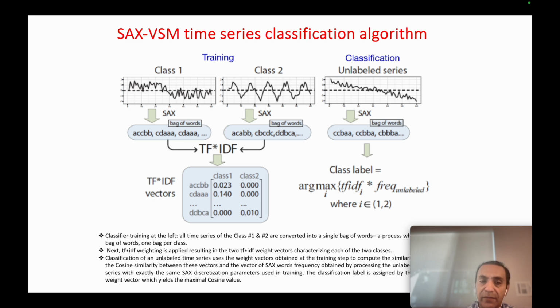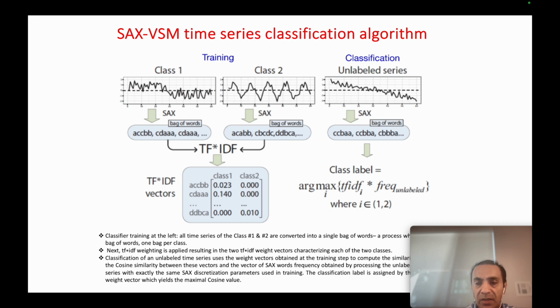Then the classification of the unlabeled testing time series uses the weight vectors that we obtained at the training step to compute the similarity, using cosine similarity, between the vectors in the testing set and the vectors of SAX words frequencies obtained by processing the unlabeled time series with exactly the same SAX discretization parameters used in training.